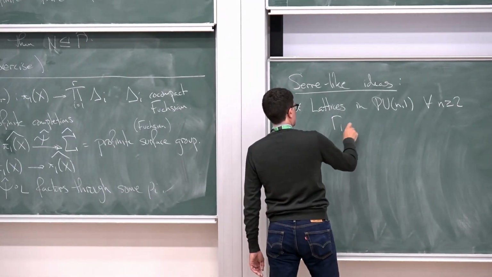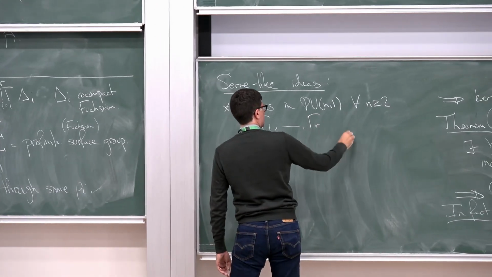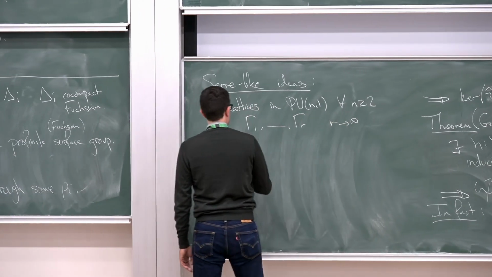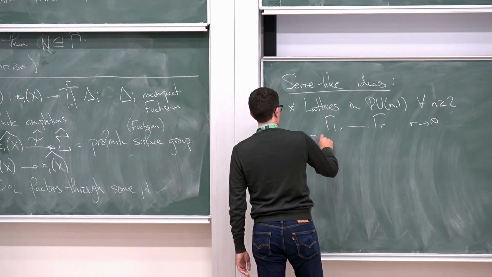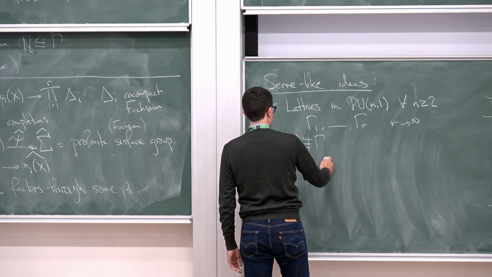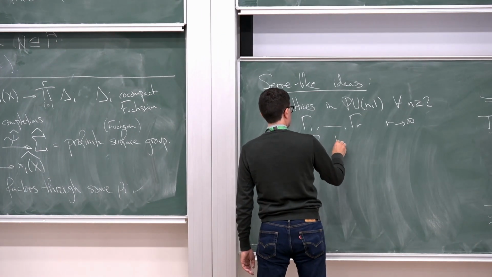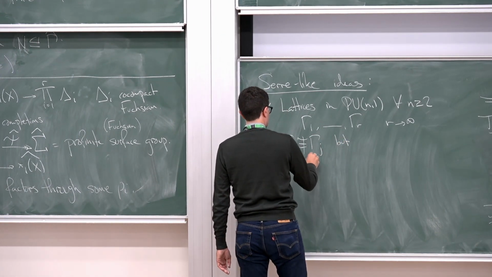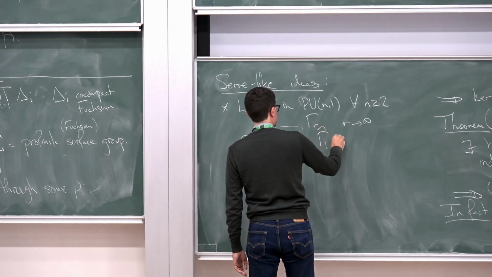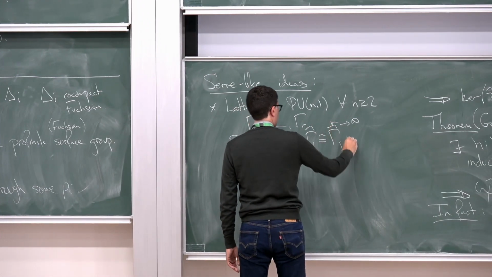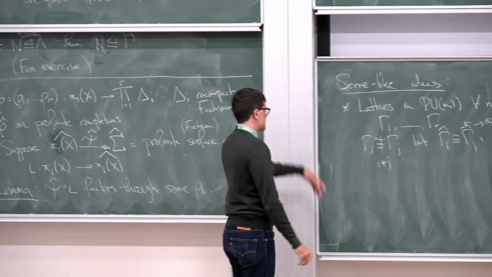You can make it arbitrarily long. So these are not isomorphic. They have the same profinite completions.